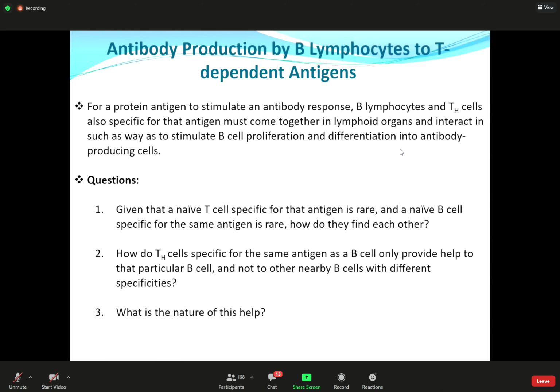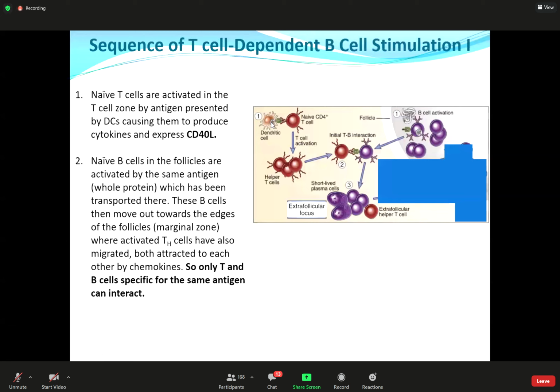The T cells are receiving antigen exposure by the dendritic cells. Remember, the dendritic cells are in the peripheral tissues, they're capturing antigen, they migrate to these lymph nodes. In the process, they've phagocytosed the antigen, degraded them into peptides, and presented them on class 2 MHC in the lymph node. So in this lymph node, these dendritic cells that have captured this antigen are presenting the antigen on class 2 MHC to the naive CD4 cell.